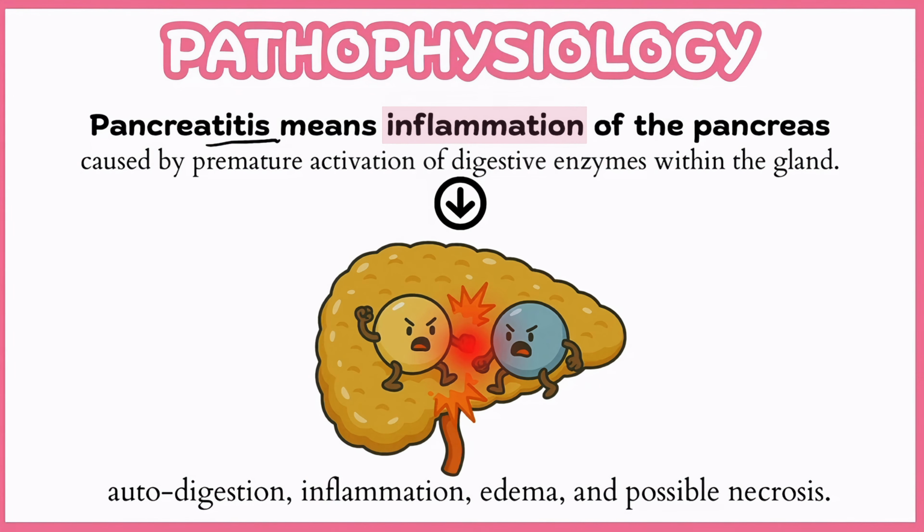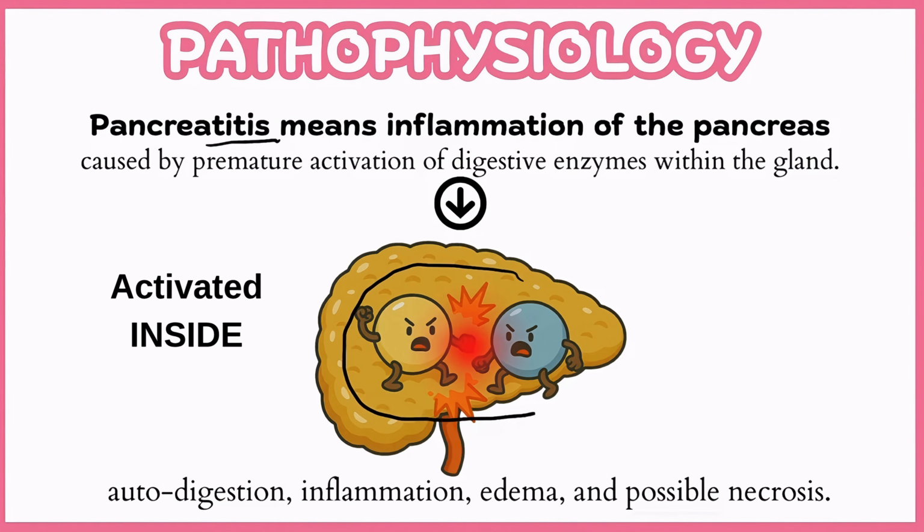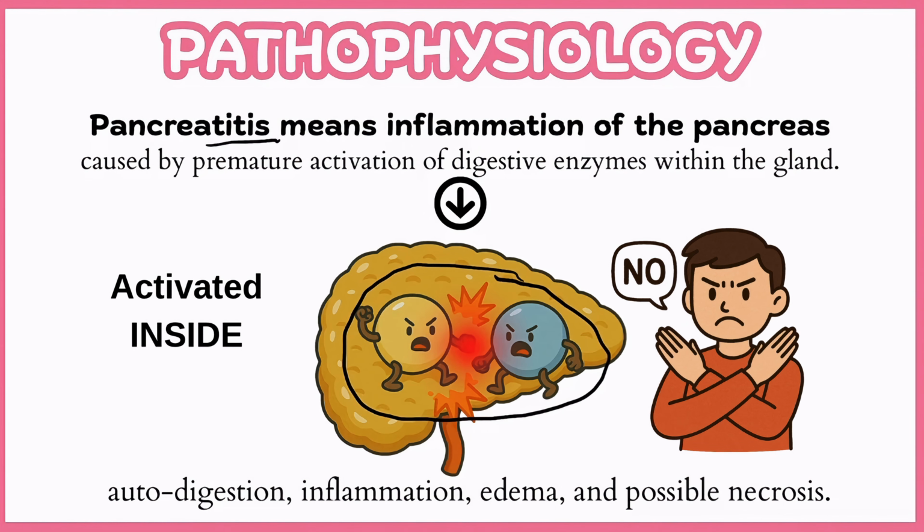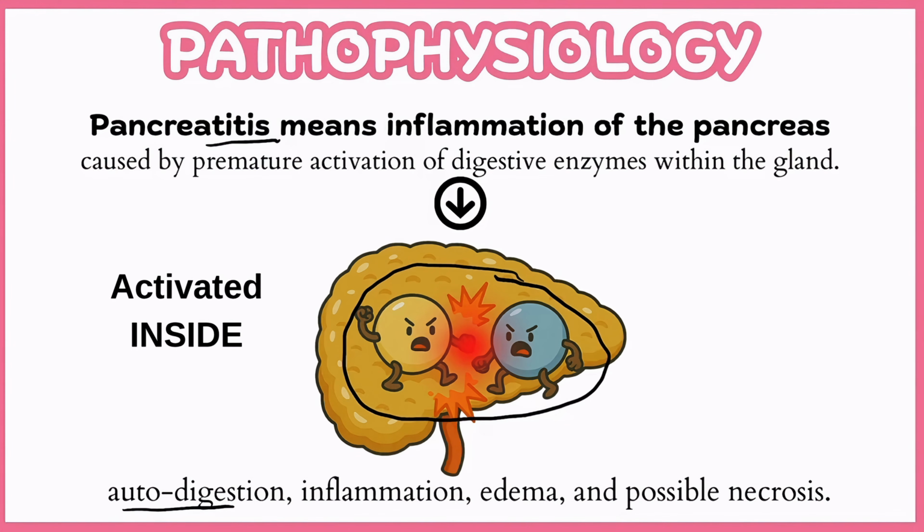Instead of the pancreatic enzymes being activated when they are released outside of the pancreas, they become activated inside the pancreas, and we don't want that to happen, because when they are activated inside of the pancreas, then you're going to see things like autodigestion, inflammation, edema, and necrosis. So here's where all the problem will begin.